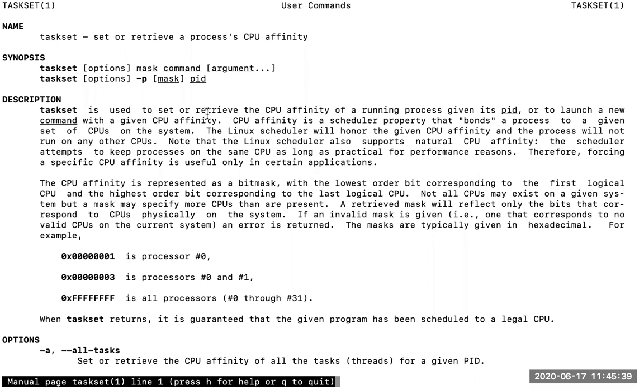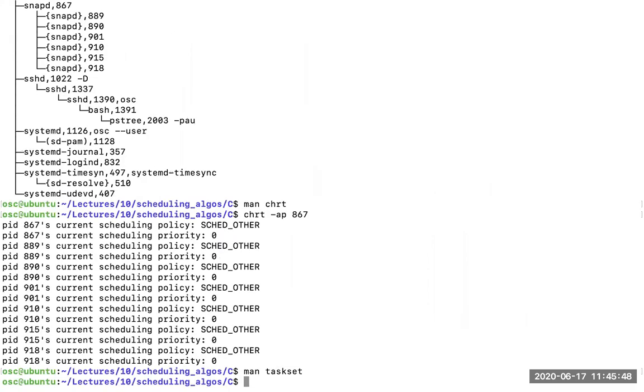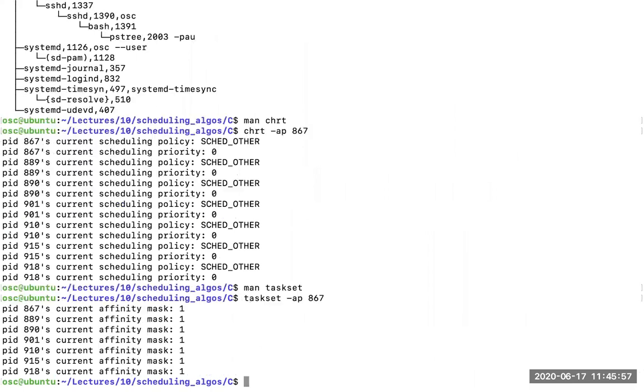So we ask the process, if there is any affinity to any processor, we can define it. So this taskset command is used for that. So let's look at the process affinity of 867.